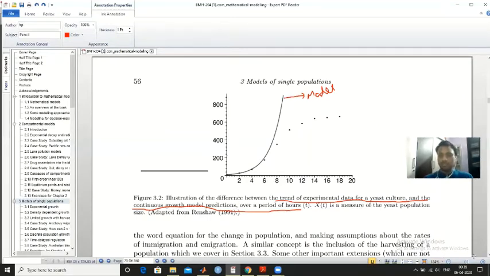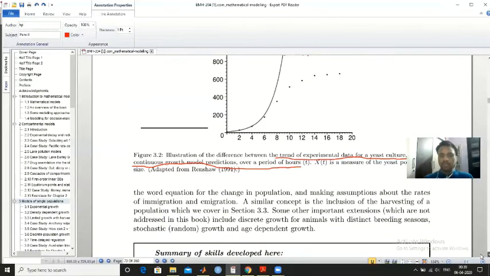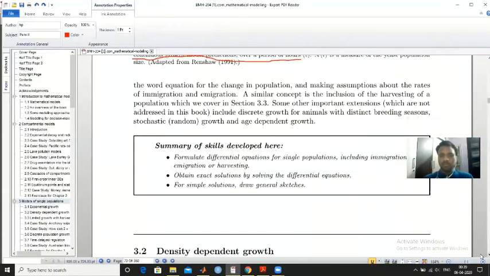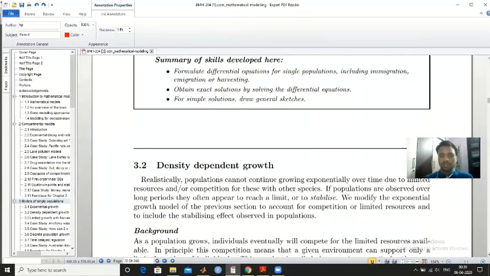To apply this concept, we discuss what is known as density dependence. We have already seen that if populations are observed over a long period, they often appear to reach a limit or to stabilize.